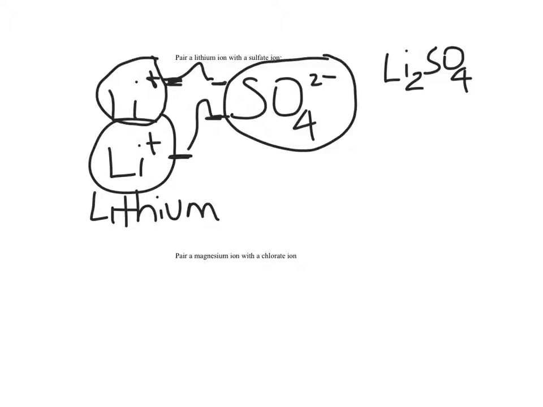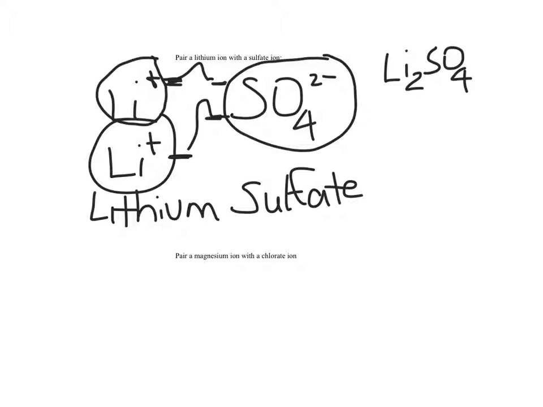Now, we don't need to change the ending of anything here to "ide." Polyatomic ions are special in that they've already been given a name. So we do not need to change the name from sulfate to sulfide, right? Because sulfide would indicate a sulfur anion. This is sulfate. So the name of this compound is lithium sulfate.